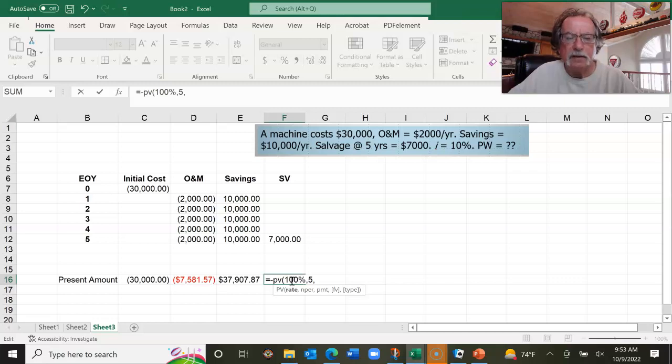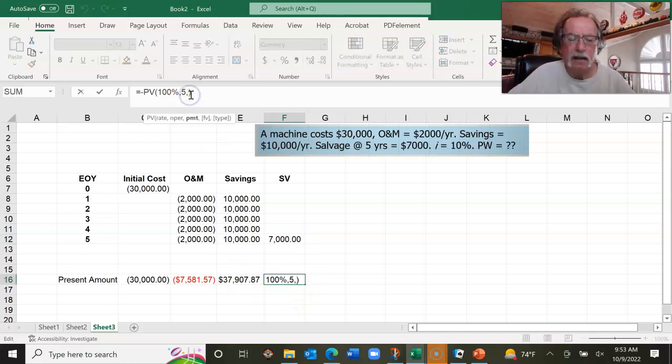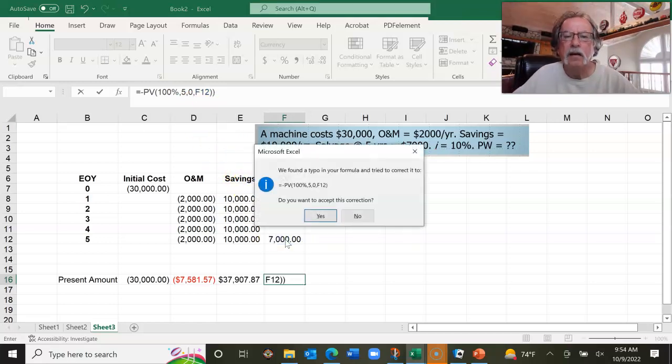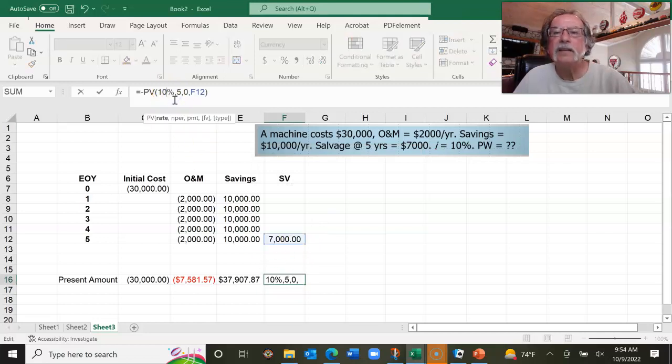And the future value is going to be 7,000. Okay, I'm going to have to fix that. 10%.